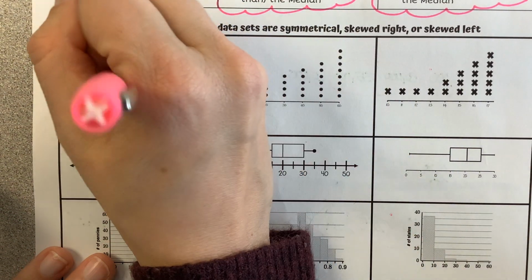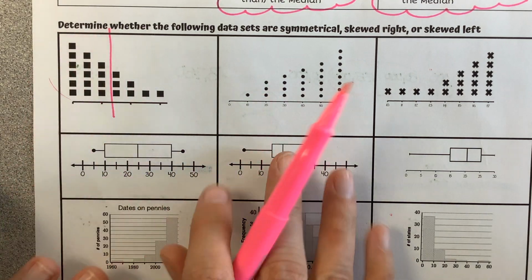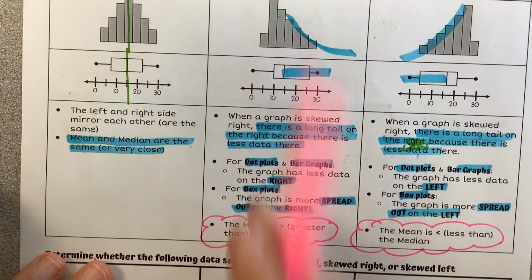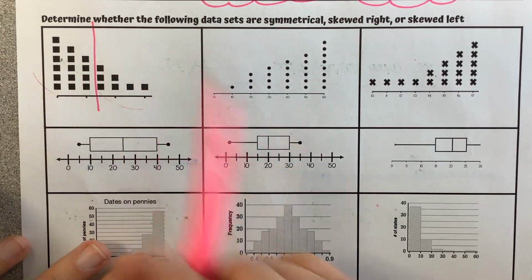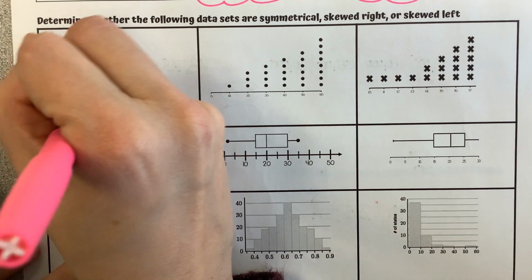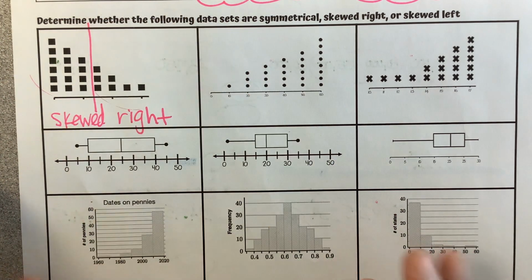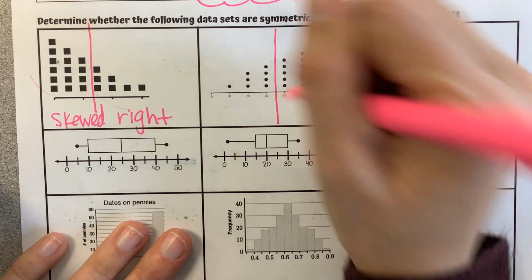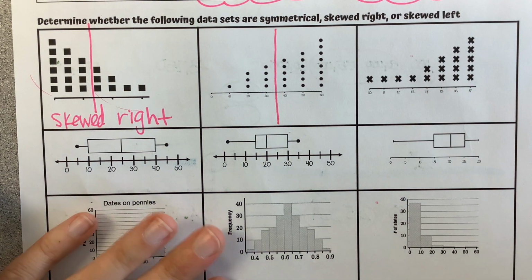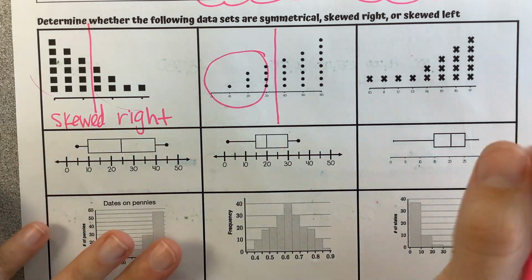So when I look at this, and I divide this kind of in the middle somewhere, I have more data to the left in my plot, right? I have less data to the right, so it is skewed right. Over here, if I were to divide this in half, I have less data on the left side.